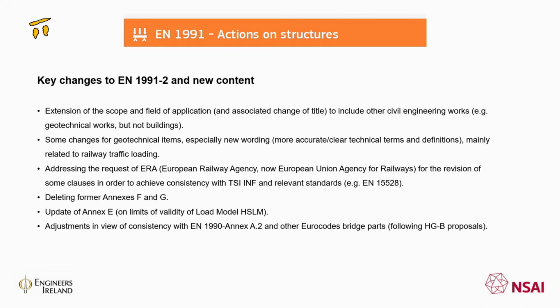It addresses the requirements of the European Railway Agency for the revision of some clauses. It deletes some old annexes. It updates one annex, Annex E, and it's adjusted in line with consistency of EN 1990 Annex A2, that's the Annex A dealing with bridges and other Eurocode bridge parts, following a horizontal group on bridges proposals.